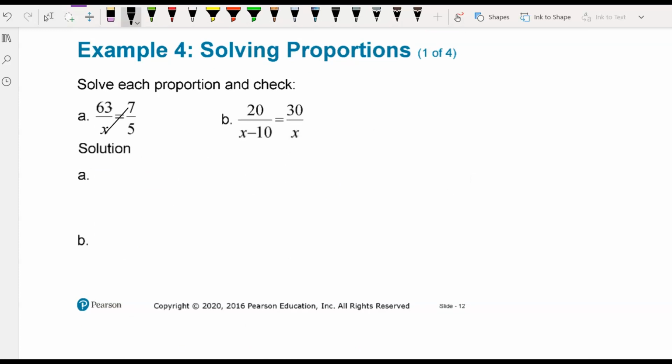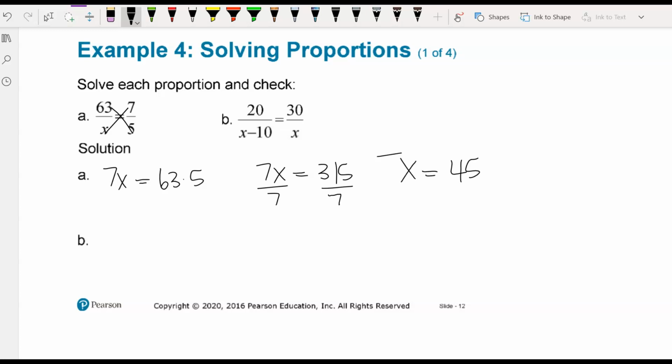All right, so we just cross multiply. So 7x equals 63 times 5. So then we get 7x equals 315. And then we divide by 7. So x equals 45.